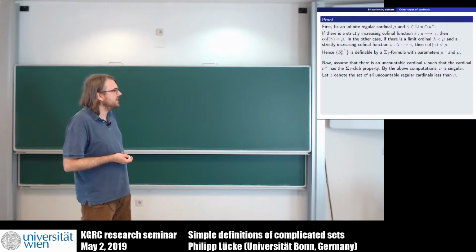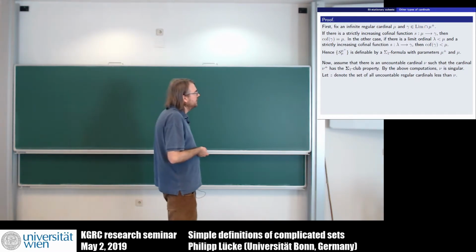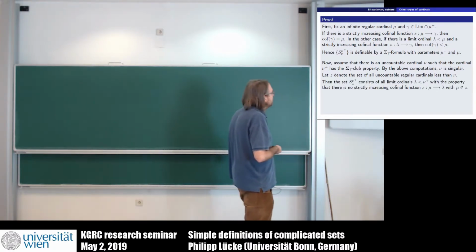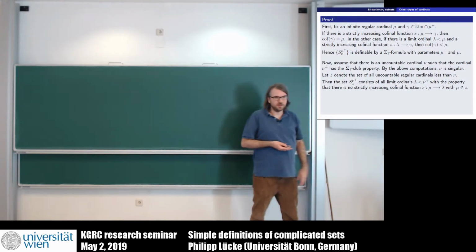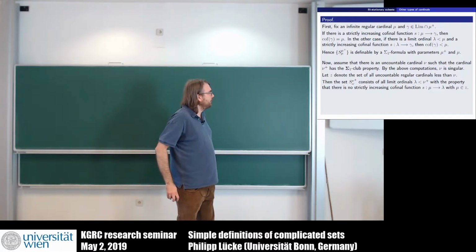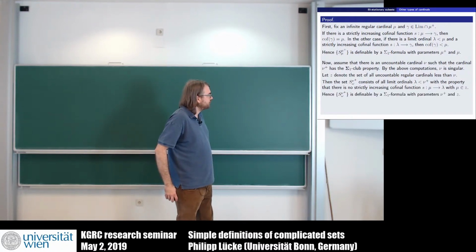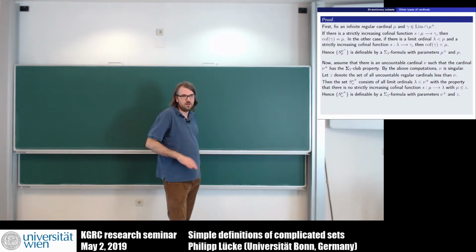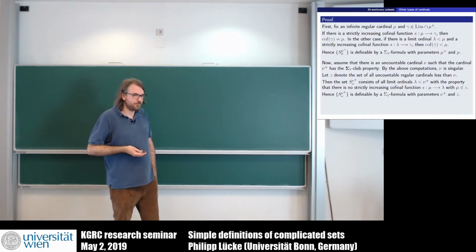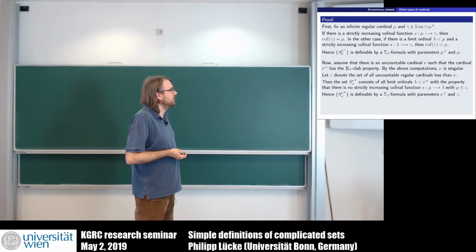And now we can take the set of all smaller uncountable regular cardinals as a parameter, and then we get a sigma 1 definition of S nu plus omega, just using this parameter Z. So no successor cardinals above omega 1 have the sigma 1 club property.